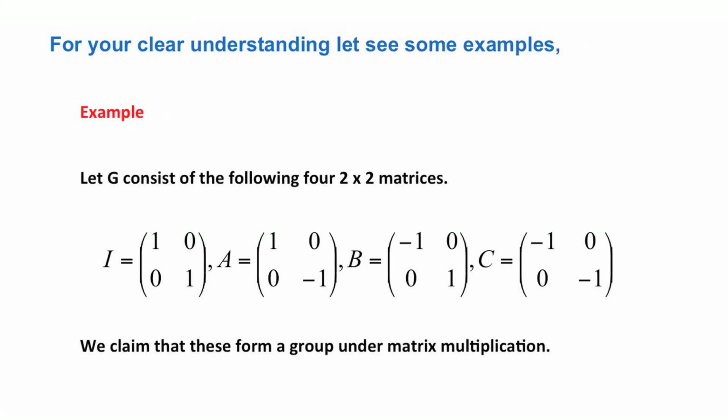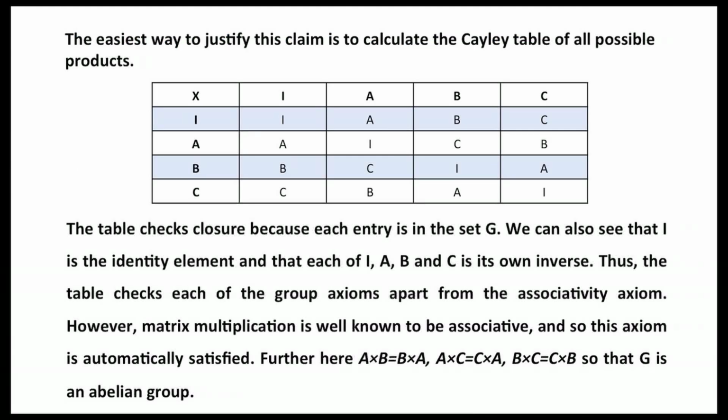Let G consist of 2 by 2 matrices. Please look at the board. We claim that these form a group under matrix multiplication. The easiest way to justify this claim is to calculate the Cayley table of all possible products. Look at the board.